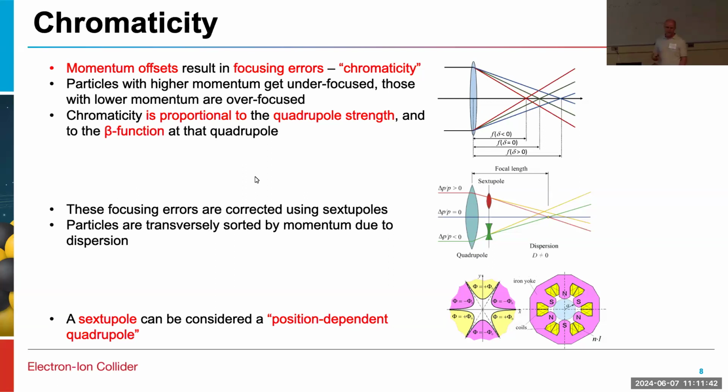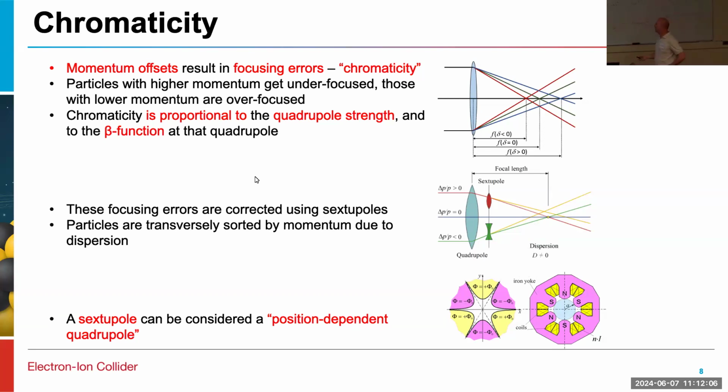So the trick is now to go to a location where I have non-zero dispersion. Dispersion, again, is the trajectory of a particle with an energy offset or longitudinal momentum offset. So typically, the particle with a larger momentum in a storage ring travels further outside.